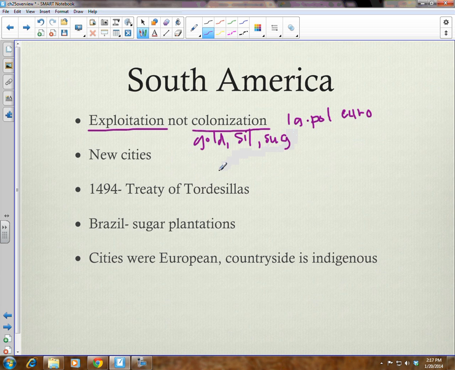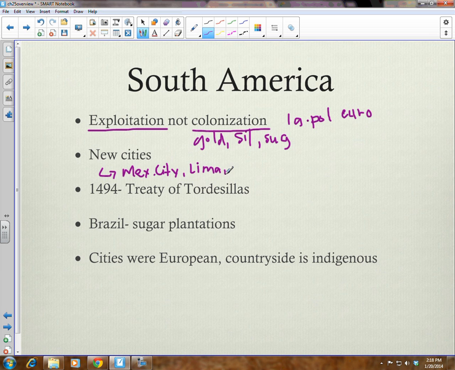So in order to do this, they founded all kinds of new cities. These were government centers, and they became kind of the centers of colonization. Cities such as Mexico City, on top of the Aztec capital, and Lima in Peru. These were two of the big cities.